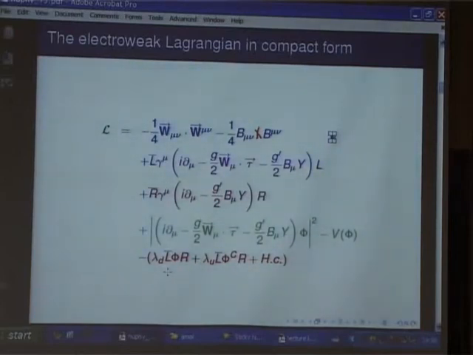Note that if I forget about these last terms and look at the top part, then the L terms and R terms do not mix at all. So you can consider this top part as giving me a theory for all the left-handed fermions, and something else for all the right-handed fermions, and they don't affect each other.